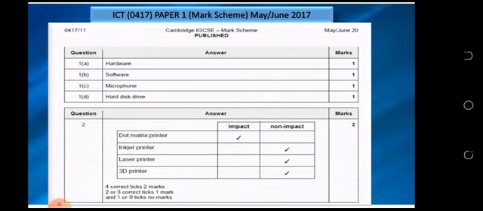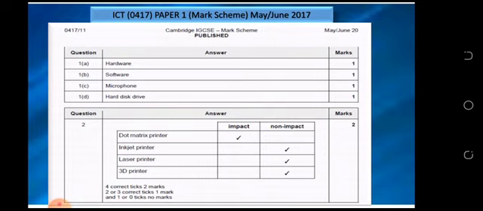Then laser printer, they tick non-impact. Then the last one here, which is 3D printer, they tick non-impact. So that is the answer: 3D printer is an example of a non-impact printer.